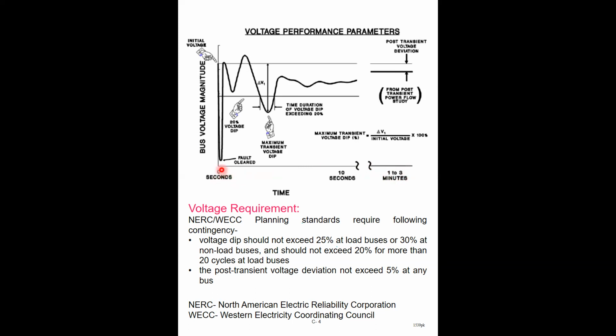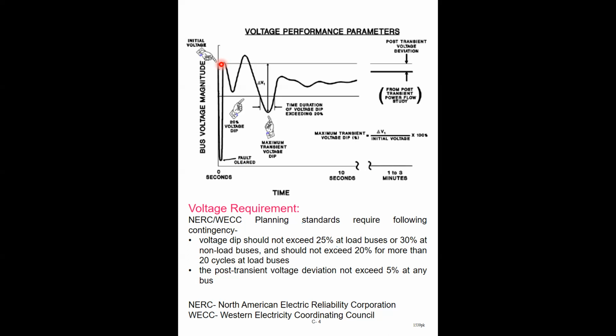So normally, the moment some transient disturbance takes place, let's say the most severe one, a fault. If it is a temporary fault, let's say of something like 80 milliseconds or 100 milliseconds, then the relay and the breaker will operate, and the line will get disconnected.